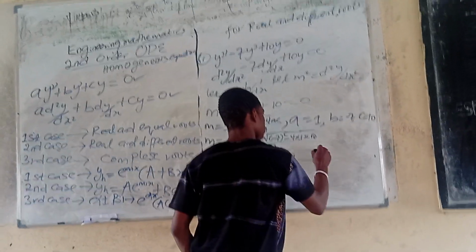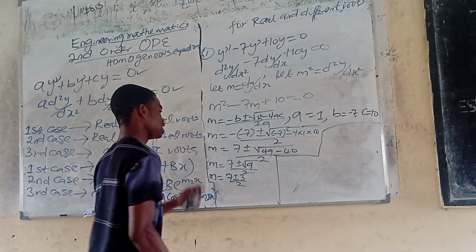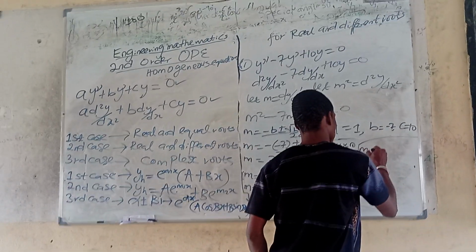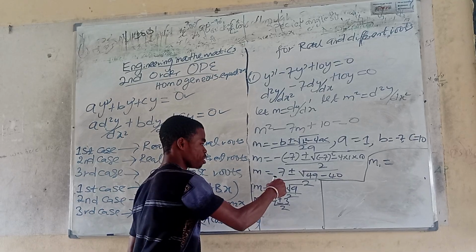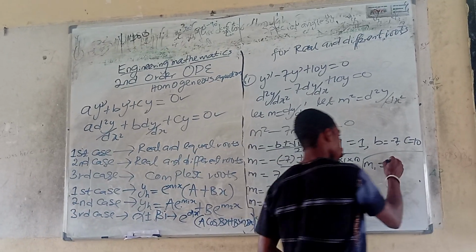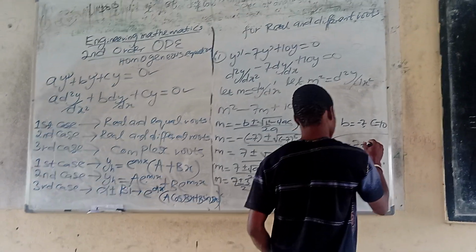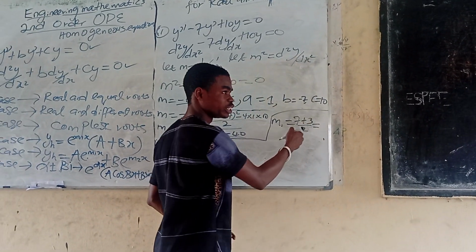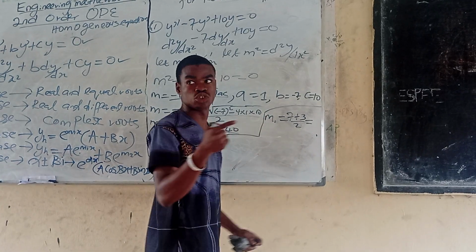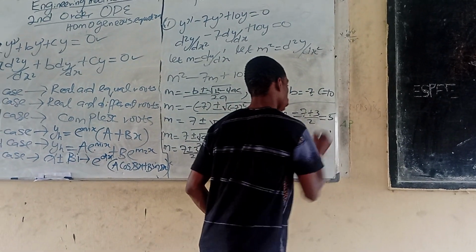Now let's pick out our m1. m1 will be equal to, now if you want to pick out m1, please go with the positive sign first, okay? So that will be 7 plus 3 divided by 2. So 7 plus 3 is what? 10. 10 divided by 2 is what? 5. So our m1 is 5.